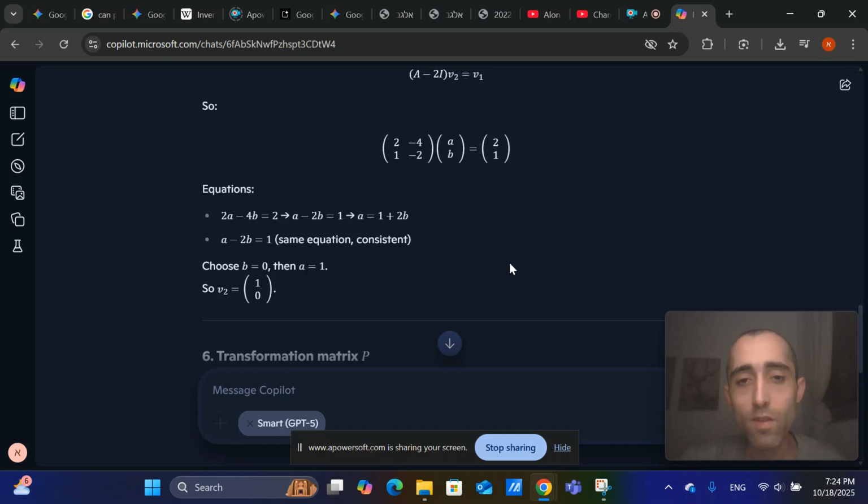Now let's solve this system of linear equations that we are getting. And what we are getting is that a should be 1 plus 2b. So if we define b to be 0, and a to be 1, we're getting this v2, (1, 0).